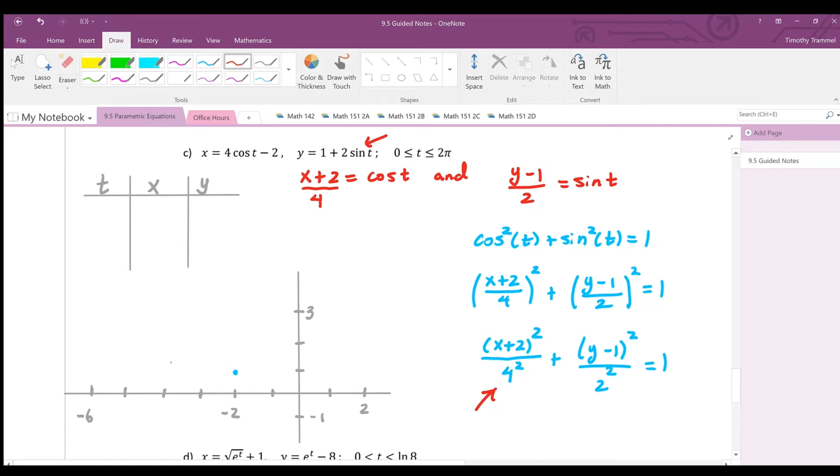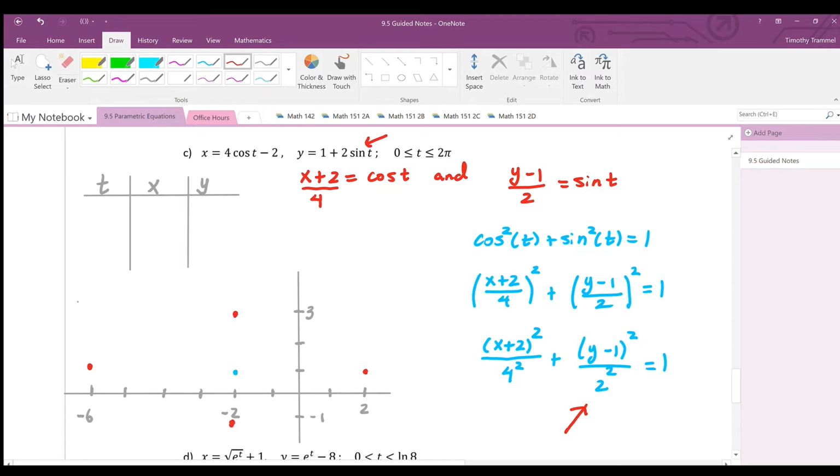So 1, 2, 3, 4. So here's 1 point on our ellipse. And if we count 4 the other direction, 1, 2, 3, 4, that'd put us over here. So these are 2 ends of our ellipse. And then you notice that there's a 2 below the y term. So that means we're going to go up 2 units and down 2 units from the center, in the y direction. That's the key here.